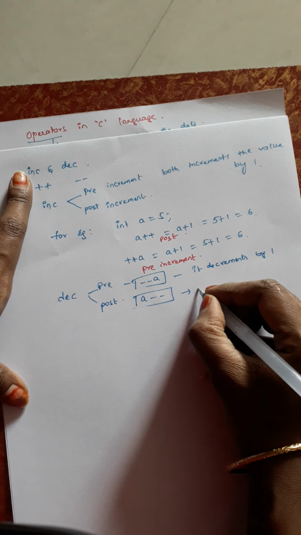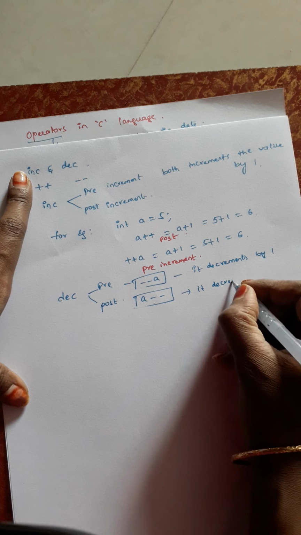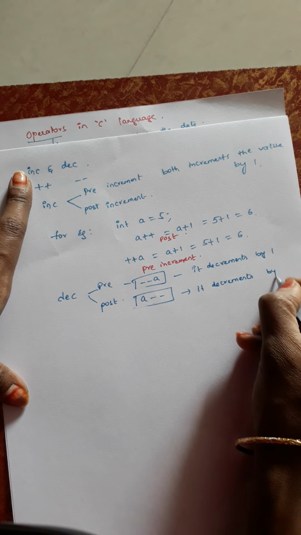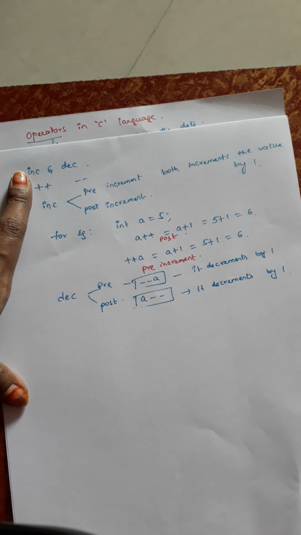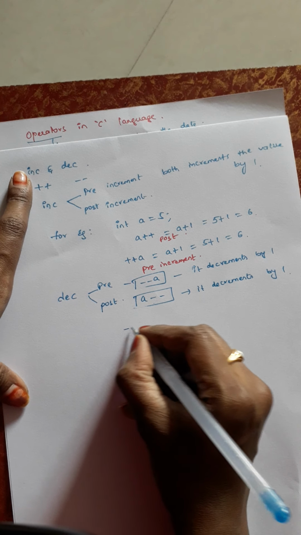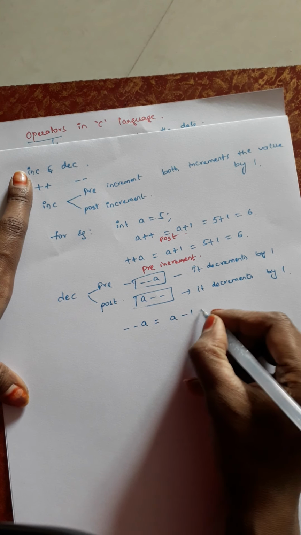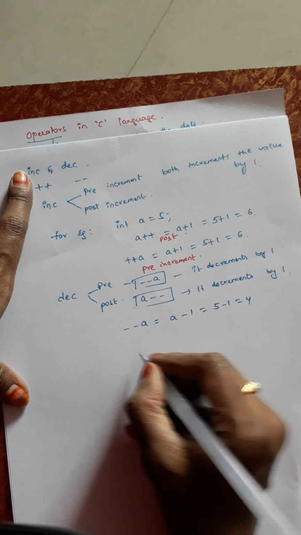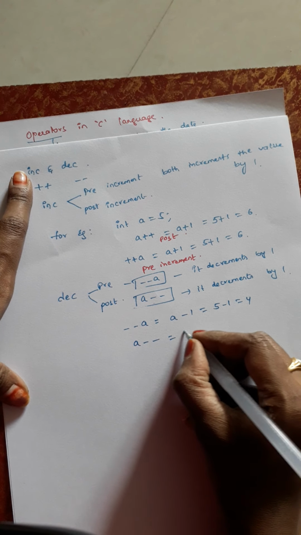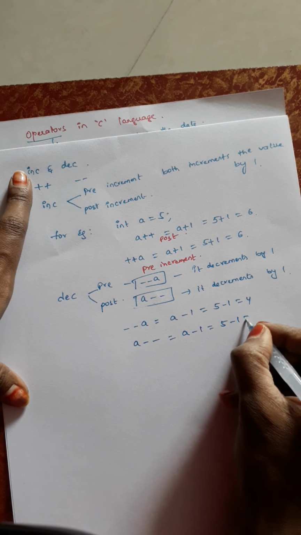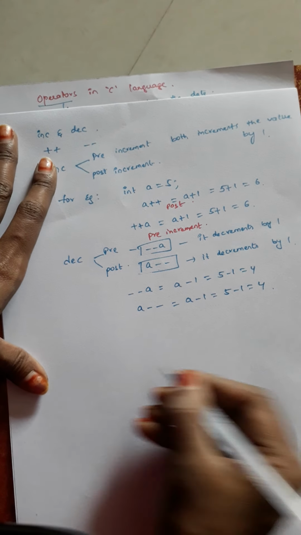So minus minus a is a minus 1, 5 minus 1, 4. A minus minus is a minus 1, 5 minus 1, 4. The same.